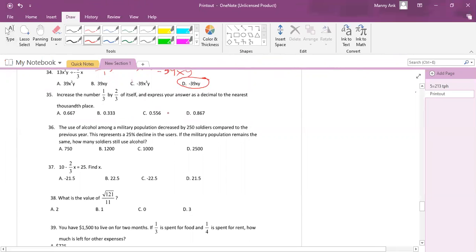So 1/3. If you increase this by 2/3 of itself, that means I have to multiply by 2/3 to find the increase. So 2/3 times 1/3 will be what? 2 over 9. So 2 over 9 will be the increase.